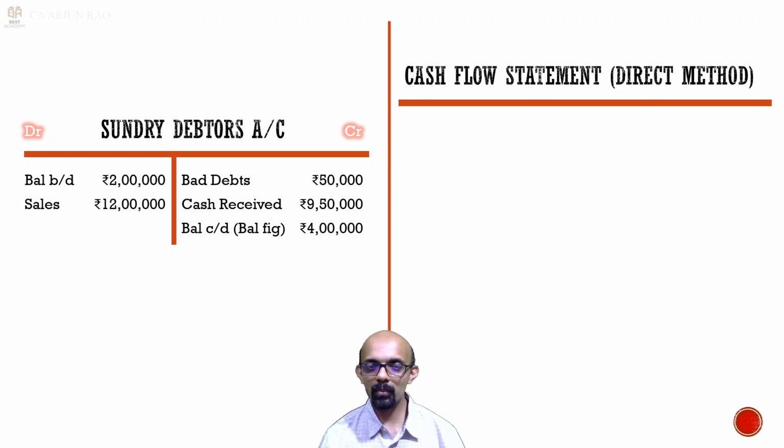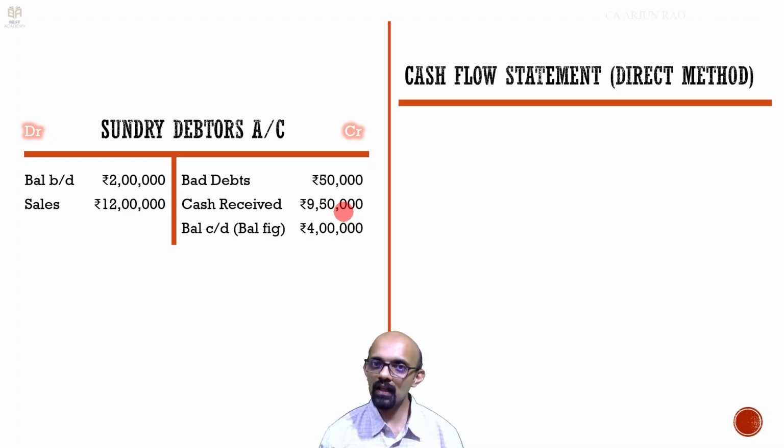If you were to open the cash account, on the debit side you will have this 9,50,000 as to sundry debtors, right? So whatever appears in the cash account will appear as it is in the cash flow statement in the direct method.